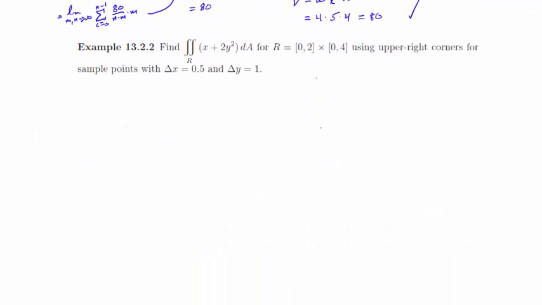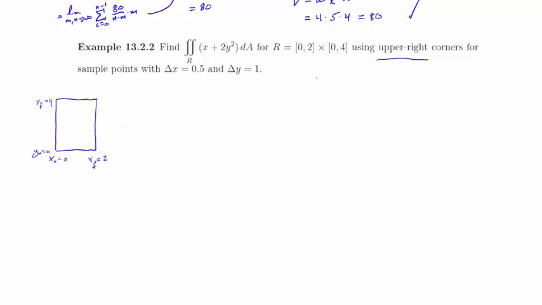So upper right corners: if I have my region R here, 0 to 2 in the x direction, and then y naught is 0 going to y final of 4 here.